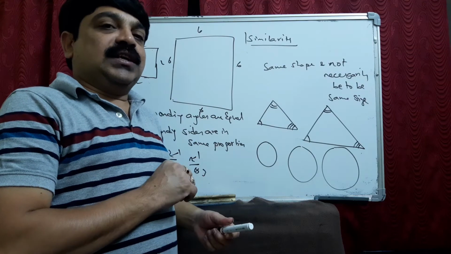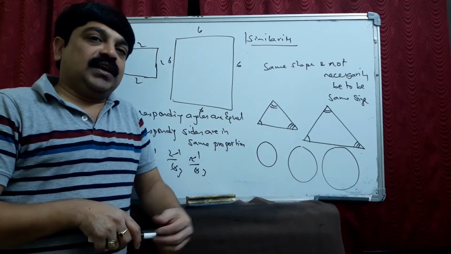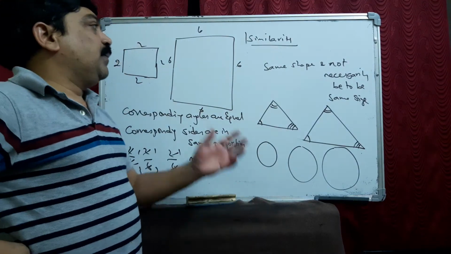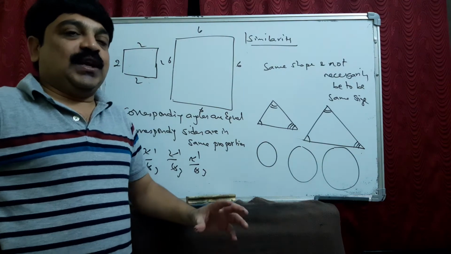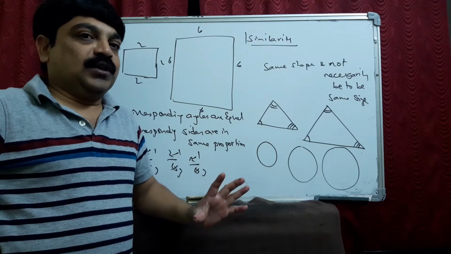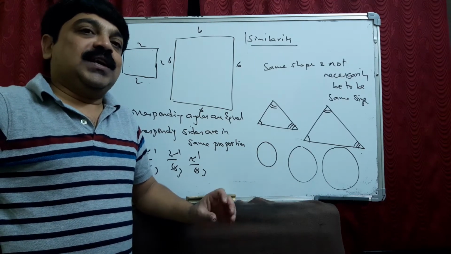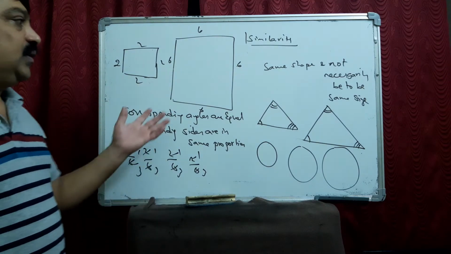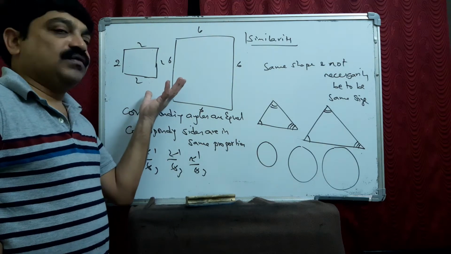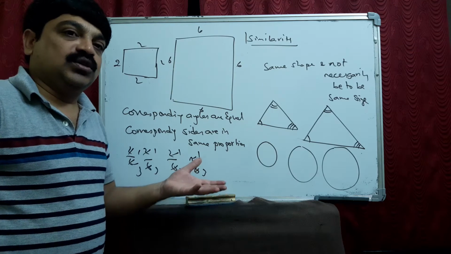But all the sides are different, and that's the reason both are of different size. But the corresponding sides are in the same proportion. If you compare the ratio of corresponding sides, they will be in the same proportion, and then the two figures are said to be similar. It happens not only in triangles and squares, but in rectangles also.